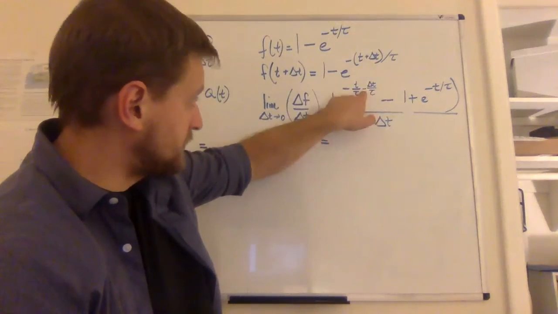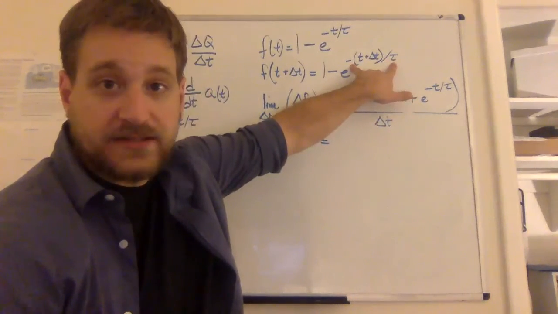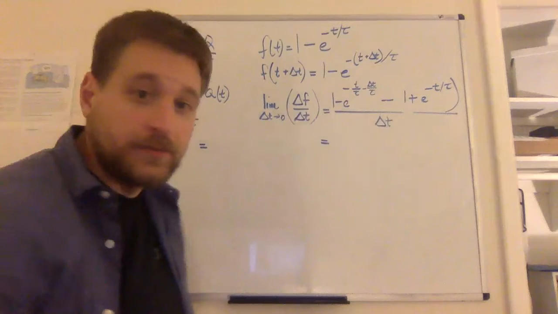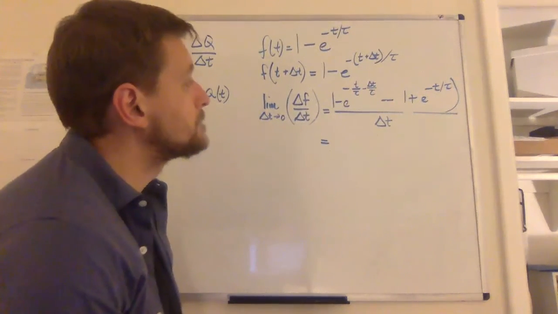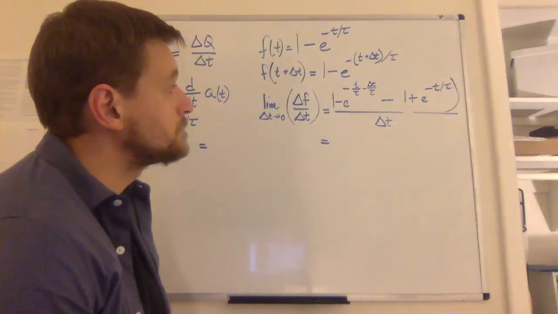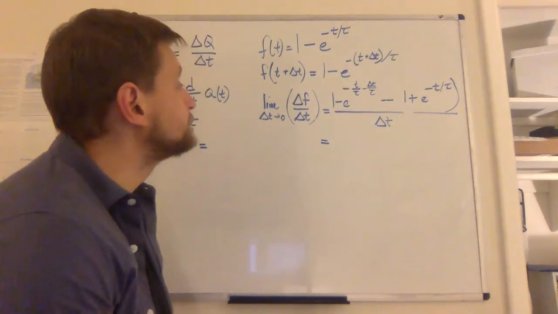This exponent is this exponent, just written as the subtraction of fractions as opposed to this common denominator form. All right.